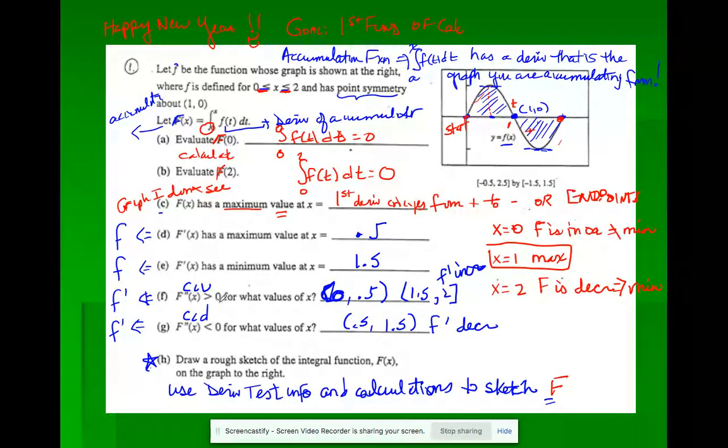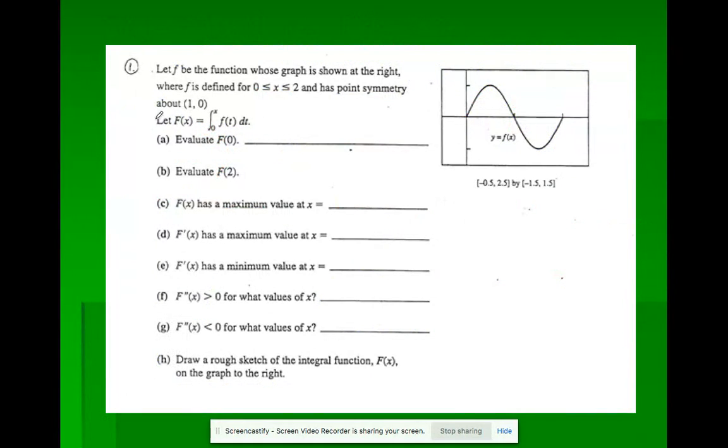So using all of this information, they want me to draw a sketch of the graph I can't see. So I'm going to erase this. Hopefully you have all this information down, and I'll show you what they want from a drawing. They want the values that they gave us here.